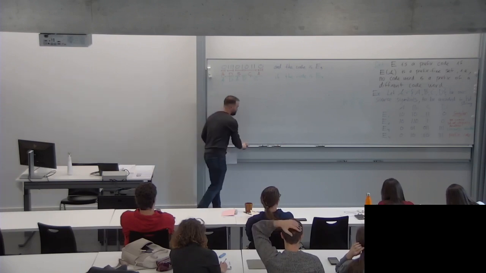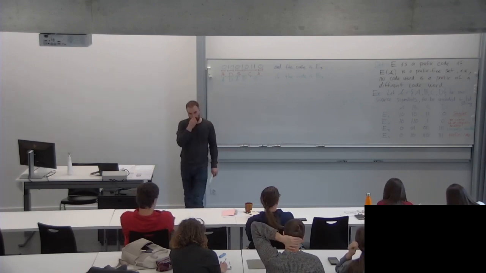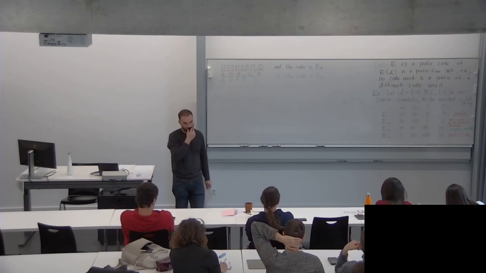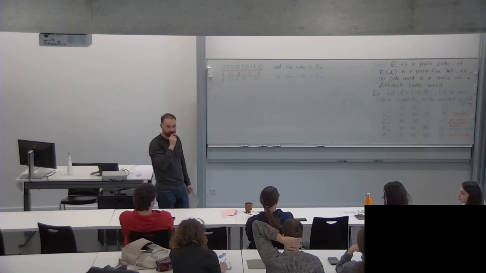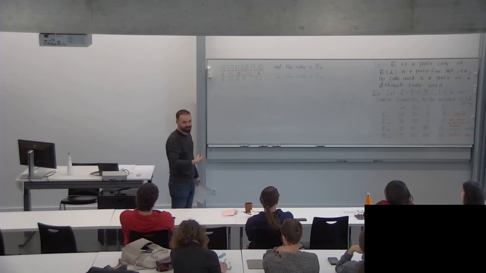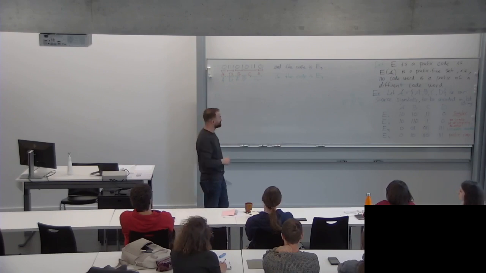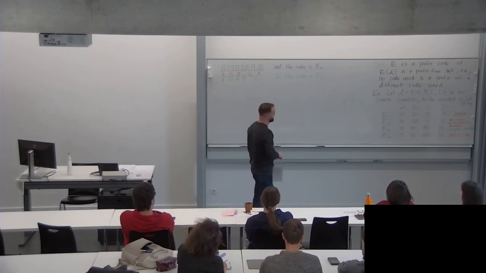Sorry, but this will work with E3 from right to left only, because the code works if you read it right to left: they are prefix free. Otherwise, it will not work in general if you read it the other way. So they're suffix free? Yeah.